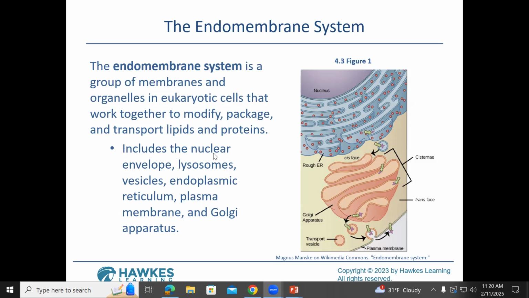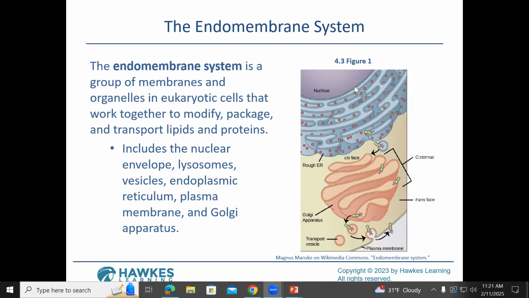So now look, who is the endomembrane system? The nuclear envelope, the lysosomes, the vesicles, the endoplasmic reticulum, the plasma membrane, and the Golgi apparatus.